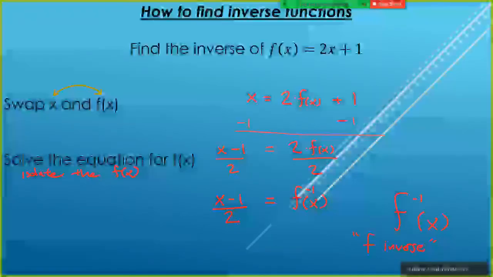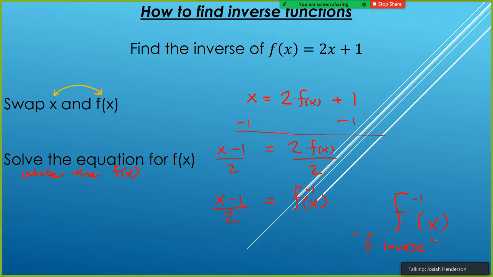So that's a clue that says, oh, this is an inverse function of some other original function. So on the top, this is our original function where we started, and then we found the inverse of that function below. f inverse is x minus 1 over 2.